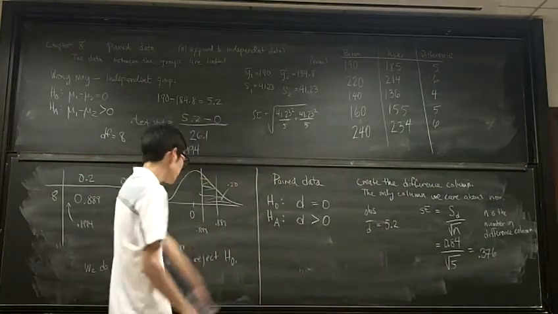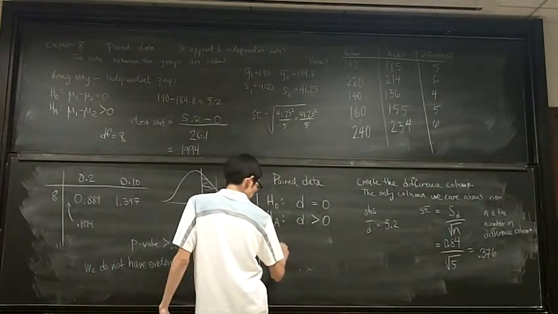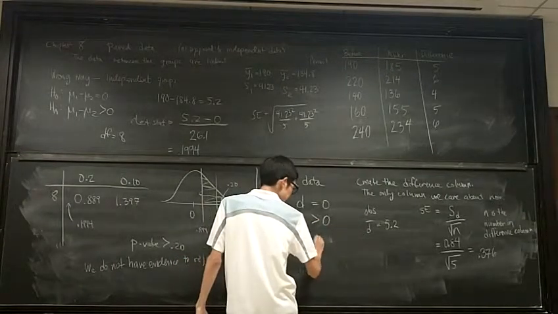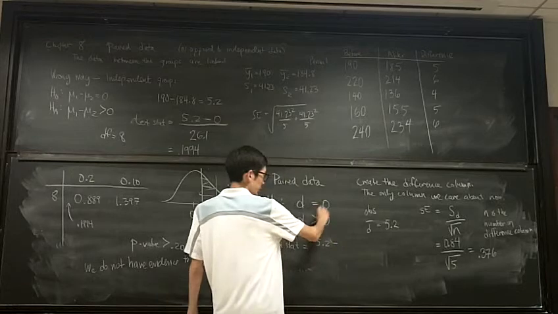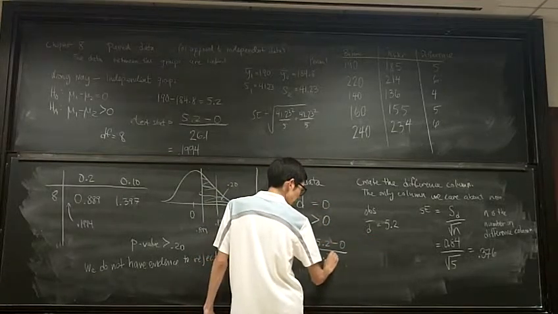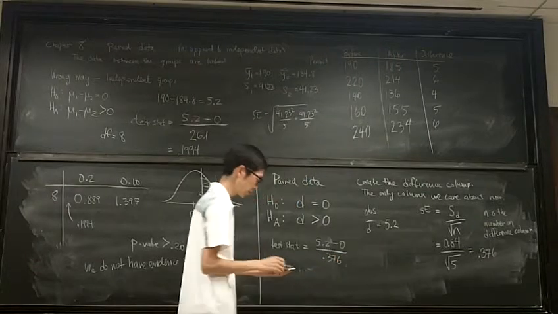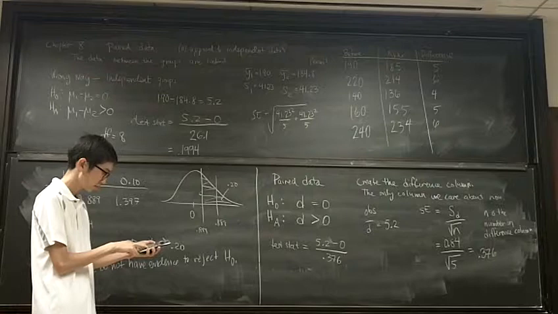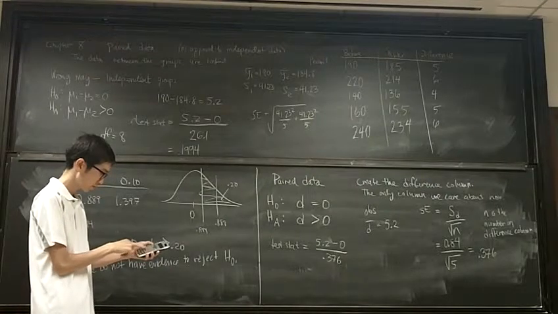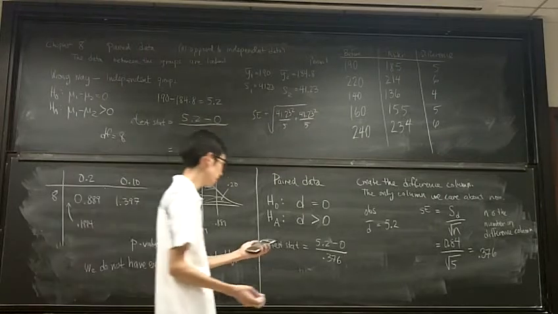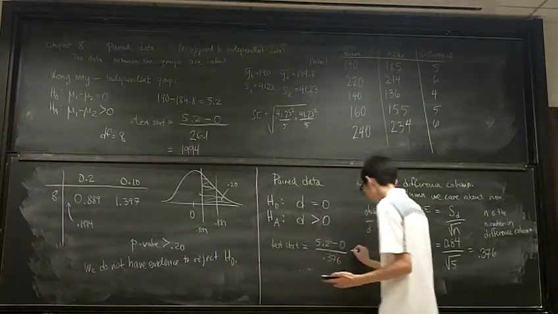So my test statistic is my observed difference, 5.2, minus my expected difference of 0, divided by my standard error. Okay, so now I have a test statistic of 13.8.